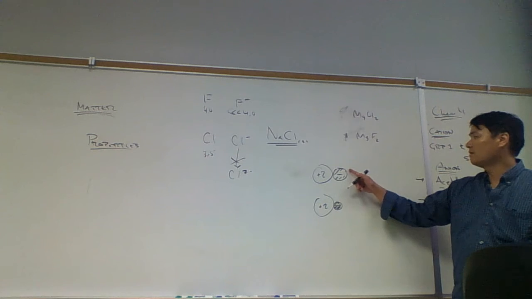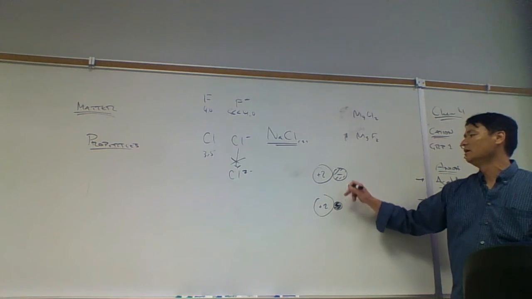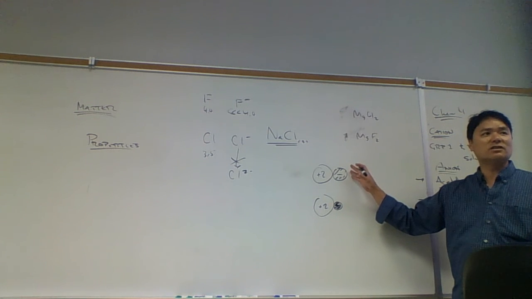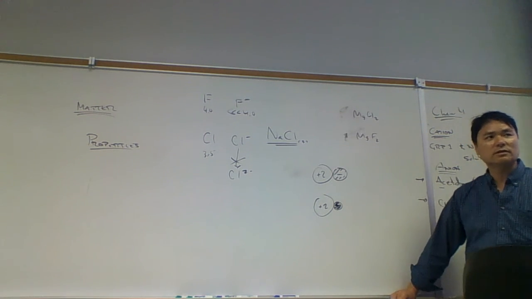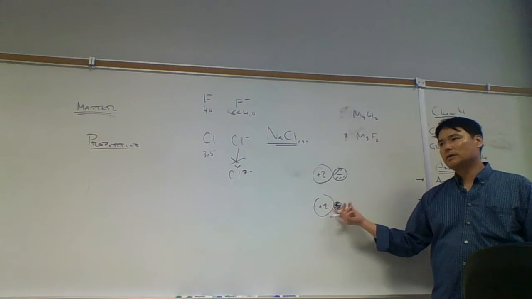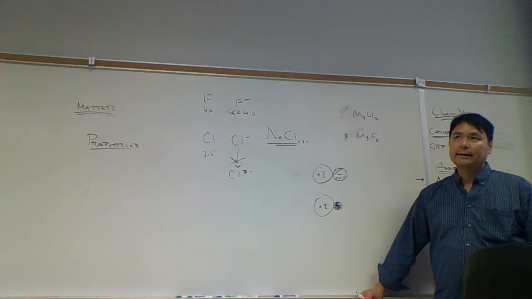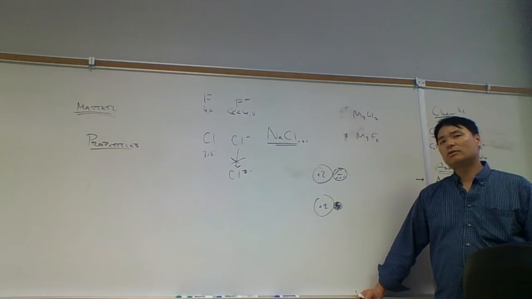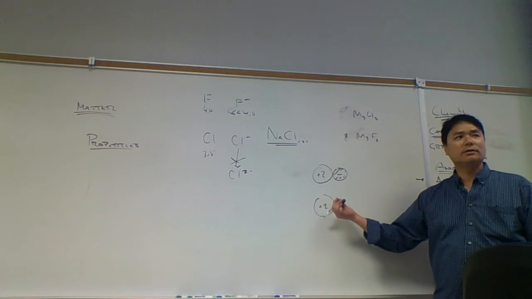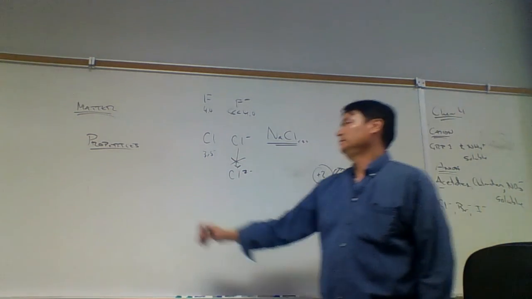And so something like fluoride has a higher charge density because the negative is more concentrated, versus here the negative is less concentrated, and so that's going to make a difference in the ionic bonding. And so all these topics are going to come into play in Chem 1B. So if these are a little rusty, or if you've forgotten about them, then you want to review all this stuff because we need all this stuff when we start talking about the properties of this.